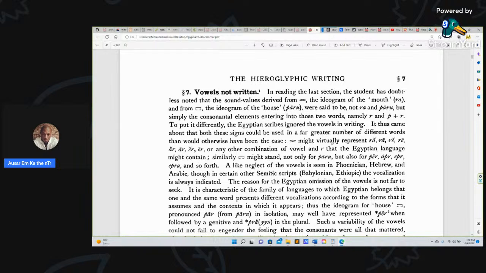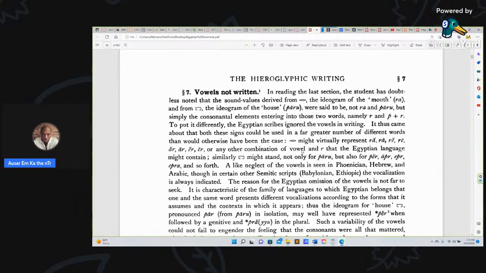Ra might virtually represent Ra, or Resh, Ray, Rek, Rak, Re, Ar, Er, or any other combination of vowel and R that the Egyptian language might contain.